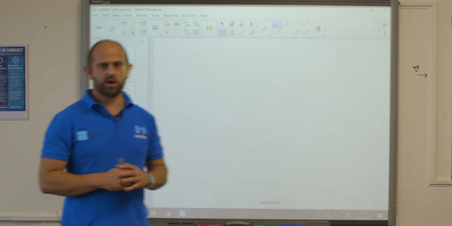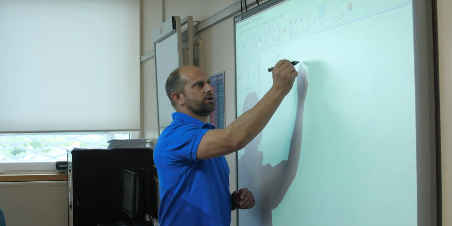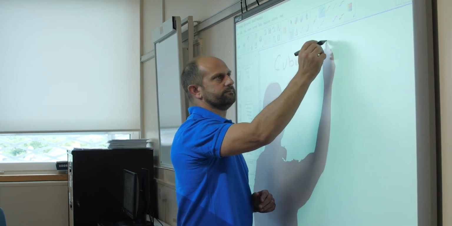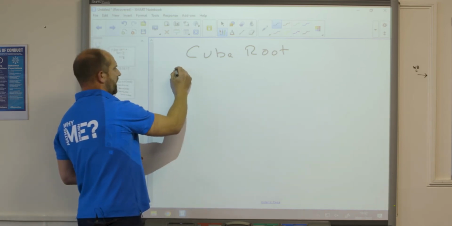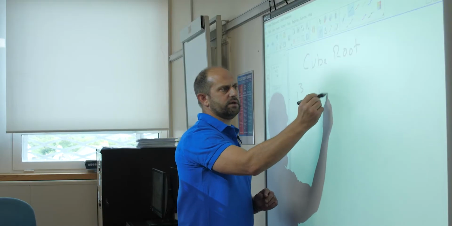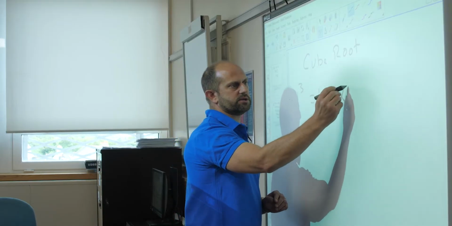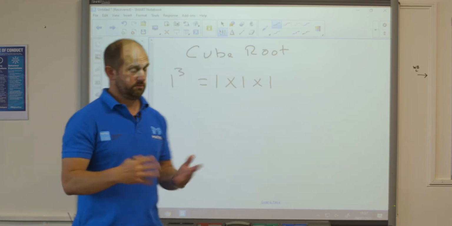Moving on then, we're going to look at something now called cube root. Let's start off with the number 1. So 1 cubed is the same as saying 1 times by 1 times by 1. Well, 1 times 1 is 1, times by 1 equals 1.